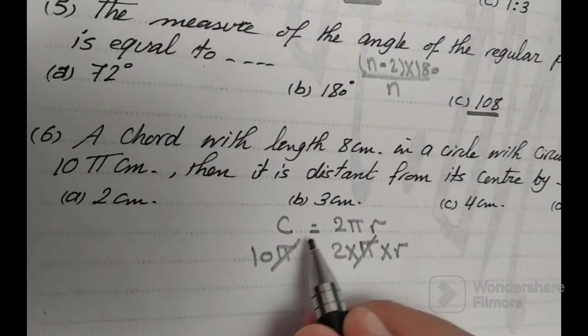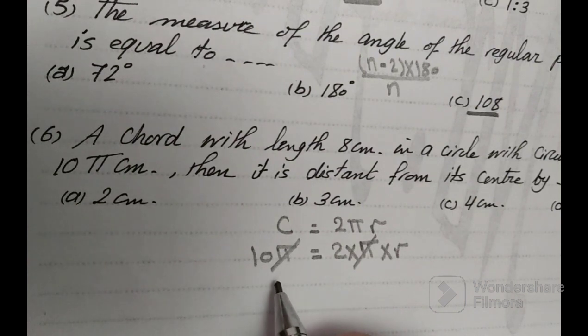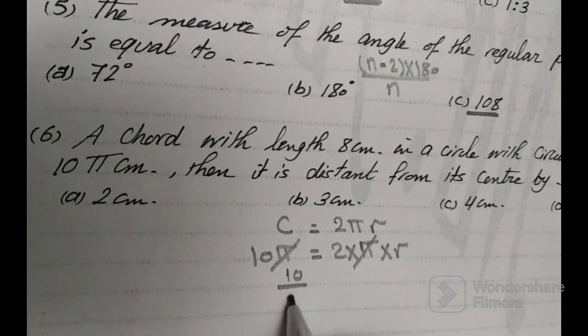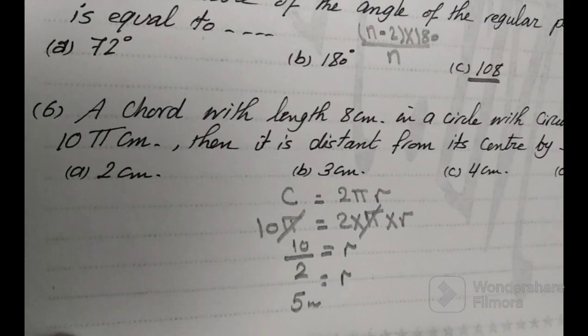We put 2 on the other side by changing the sign: here multiply, here dividing. Then r equals 5 centimeters. The radius is 5 centimeters.